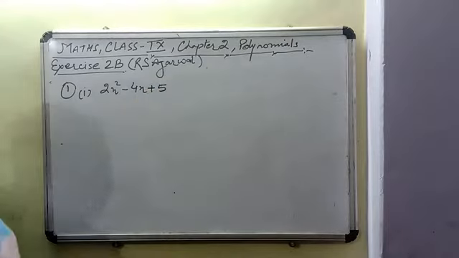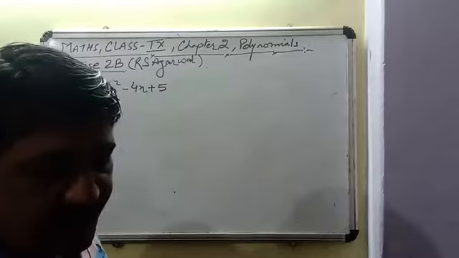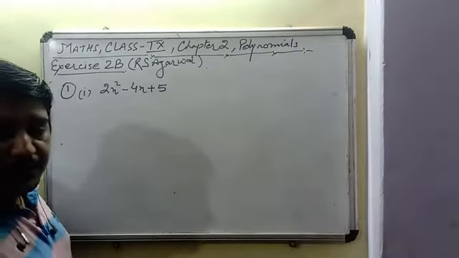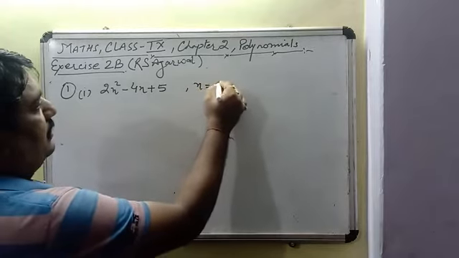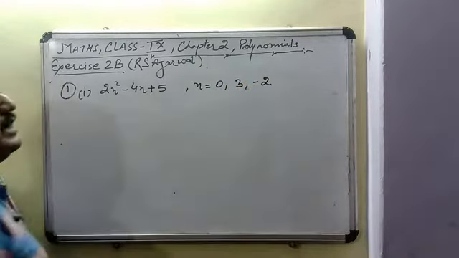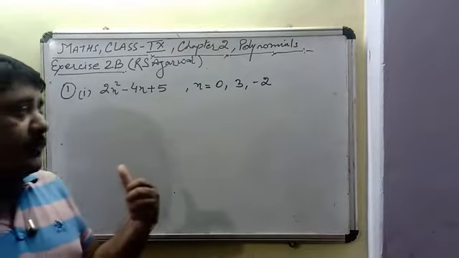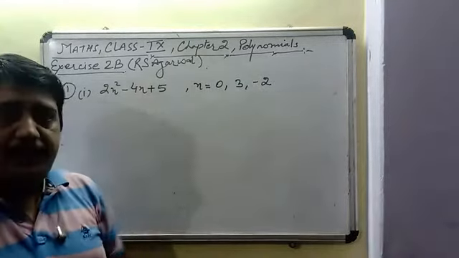We have to evaluate this polynomial by putting the values x equals to 0, 3 and minus 2. We have to evaluate this polynomial by putting these three values in the given polynomial.